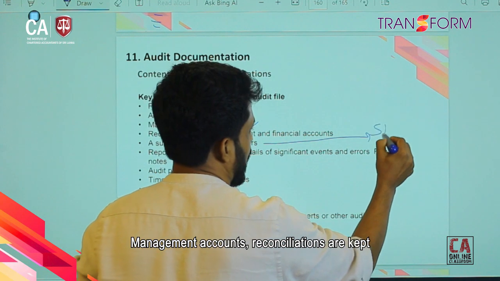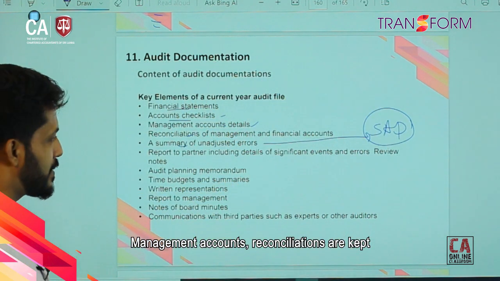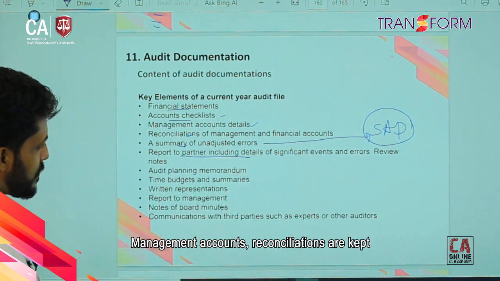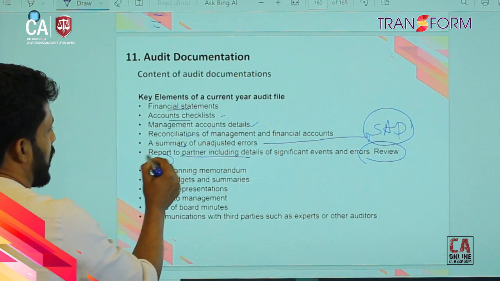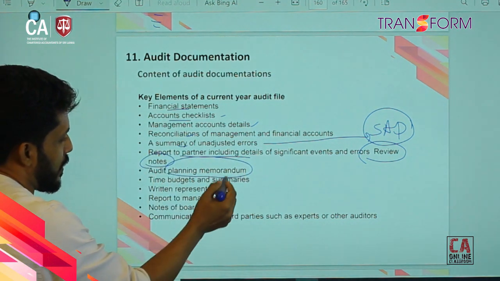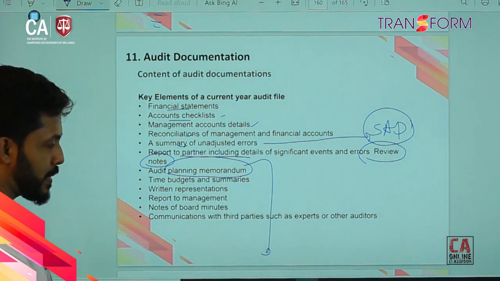Summary of unadjusted errors, SAT template, we can say that, right? Whatever the critical review notes, right? Audit planning memorandum. On the other hand, audit conclusion memorandum, right?